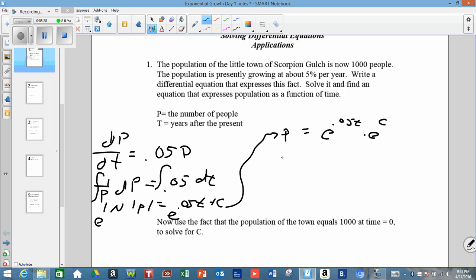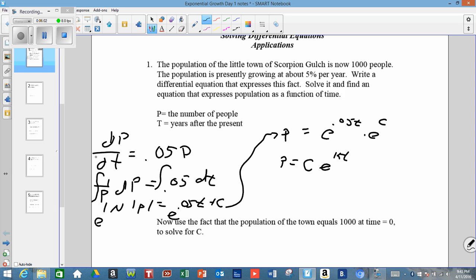So we're going to write this as population equals C e to the kt. And if you really remember back to when you might have done this before, maybe in pre-calculus or in physics, that's a pretty common formula for exponential growth or decay.